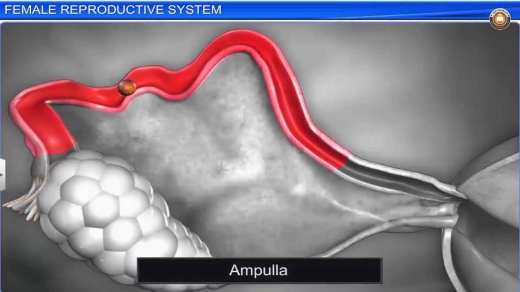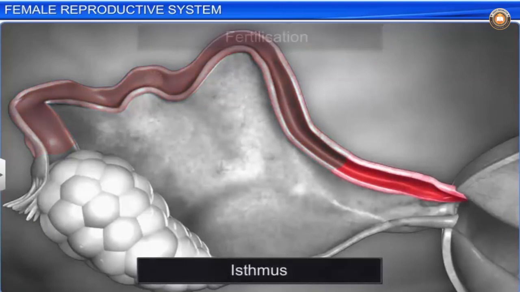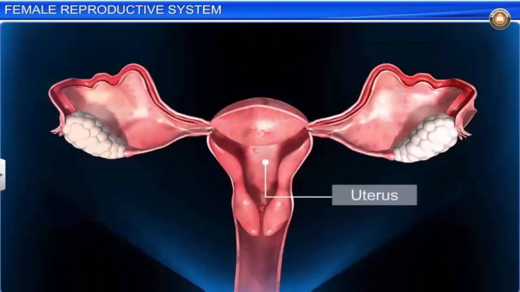The ampulla is the swollen and curved part behind the infundibulum. The fertilization of the ovum takes place in this part. The isthmus is a narrow and straight cavity, and it joins the uterus. The uterus is a hollow, pear-shaped muscular organ and is highly distensible.